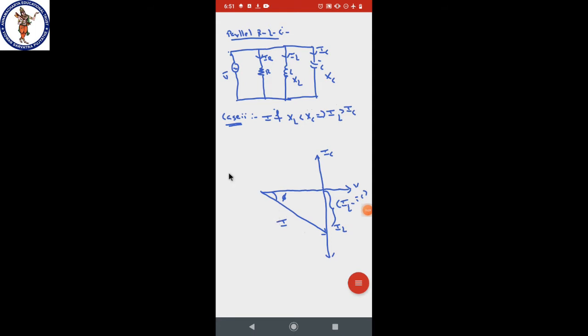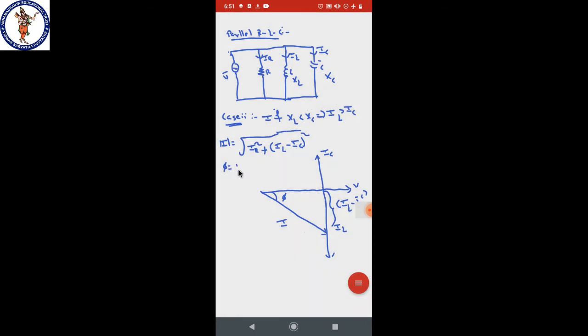Now I will go for the magnitude of I, equal to the square root of IR square plus IL minus IC whole square.